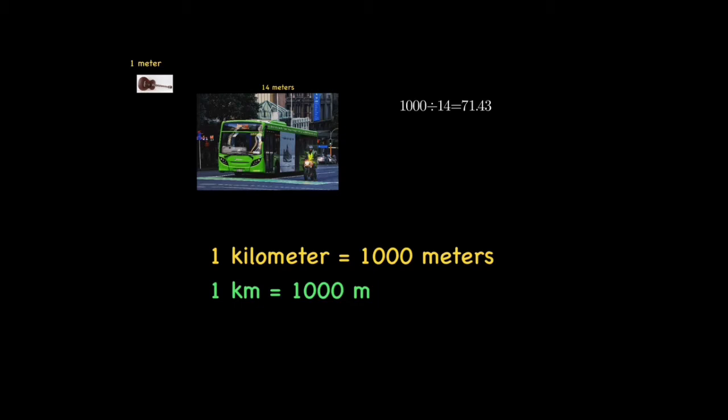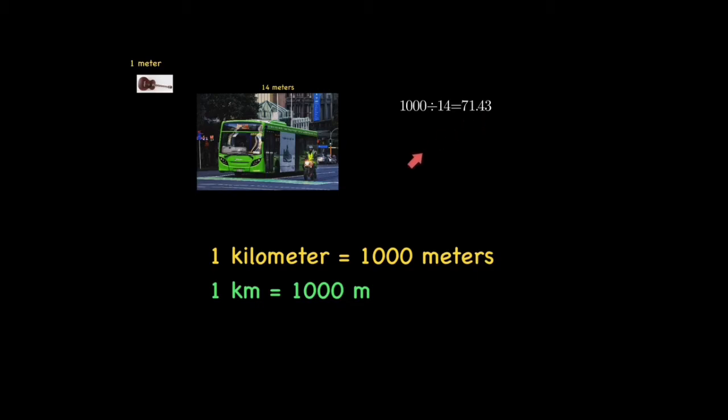Since 1 kilometer is 1,000 meters, think of it this way. Since a single bus is 14 meters in length, dividing 1,000 by the length of one city bus gives us 71.43.